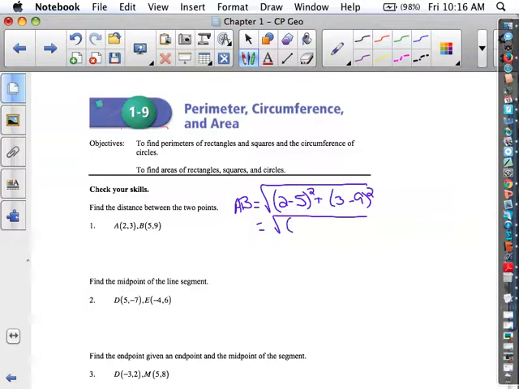Okay, this gives me the square root of -3 squared plus -6 squared. So this gives me 9 plus 36, which would be the square root of 45. You can simplify that because 45 can be factored into 9 and 5, 9 being a perfect square, so that becomes 3 square root of 5.